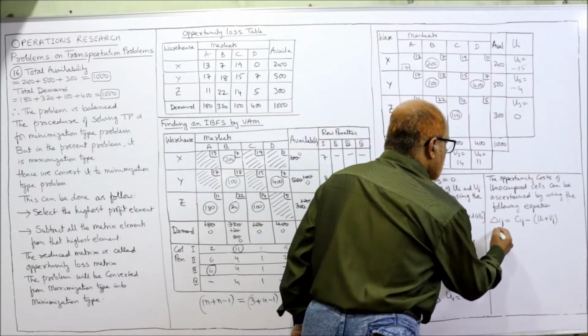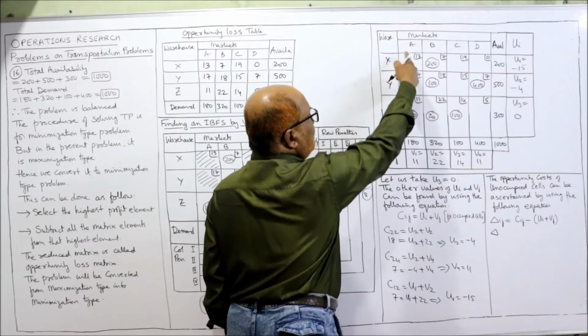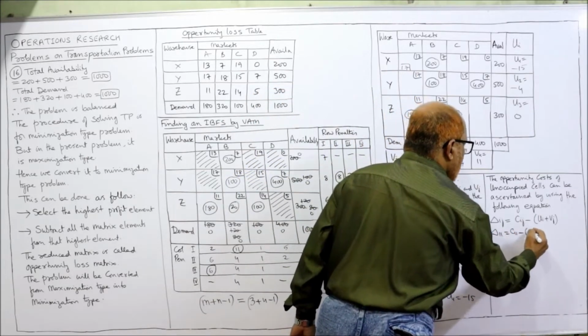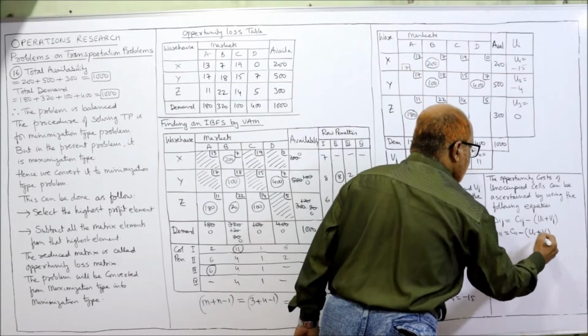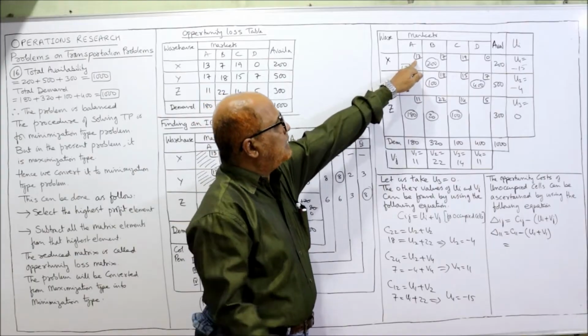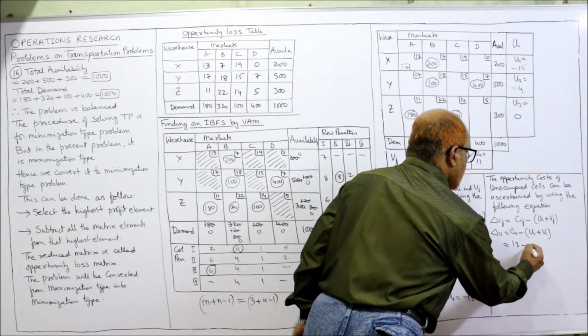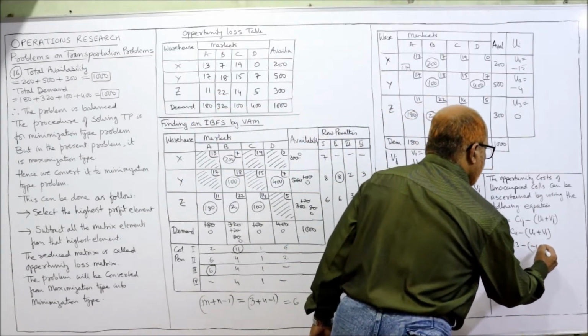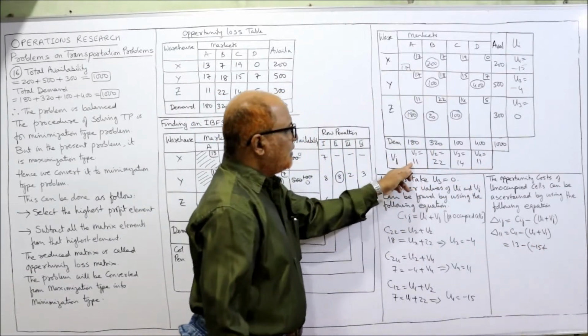Delta 11, first row first column, is equal to C11 minus (U1 plus V1). C11, the cost of first row first column, is 13, minus (U1, which is minus 15, plus V1, which is 11).